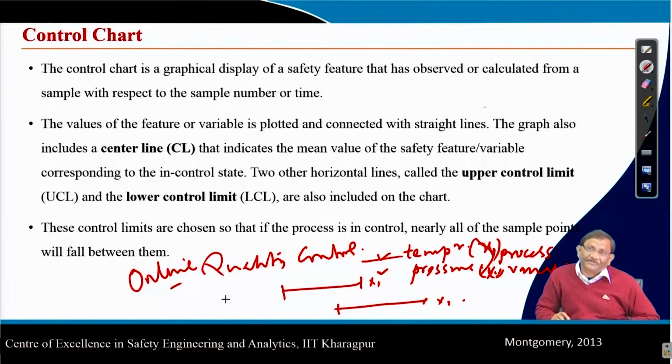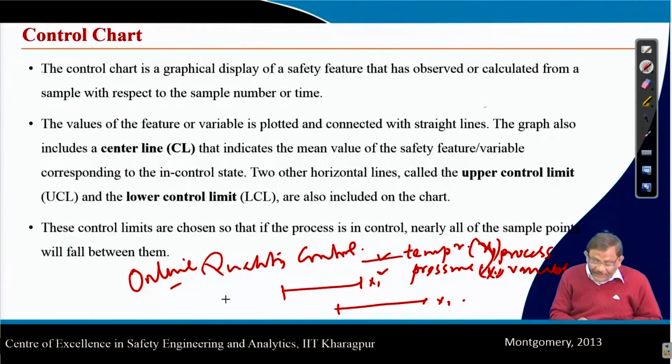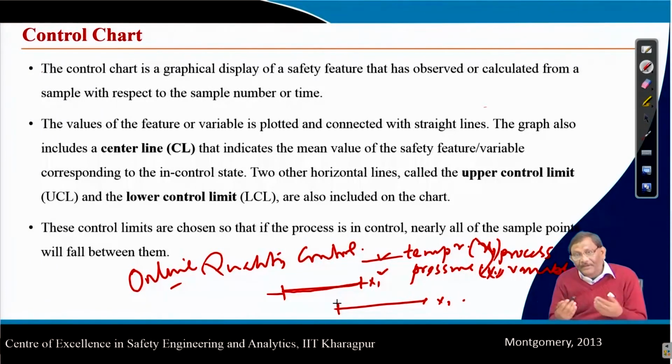If it goes beyond the range, the quality will be hampered. So, as the operator is setting the process temperature and pressure, there can be some assignable reasons by which there could be change in the process parameters.